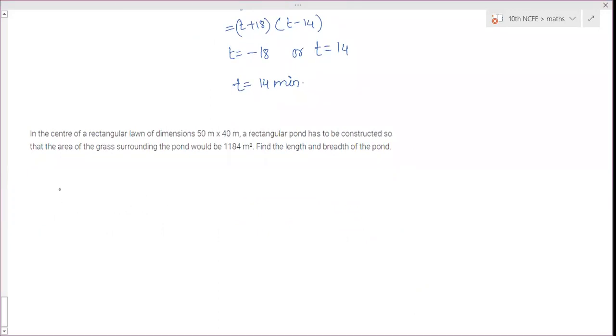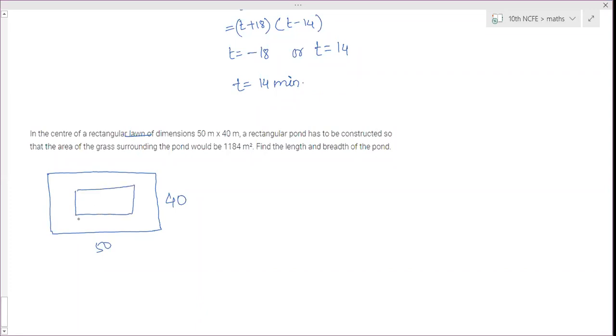Find the length and breadth of the pond. So first, the rectangular lawn is there, which is 50 by 40 meters. Then at the center, the pond has to be constructed.